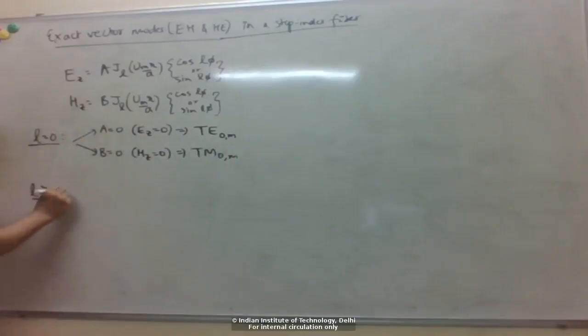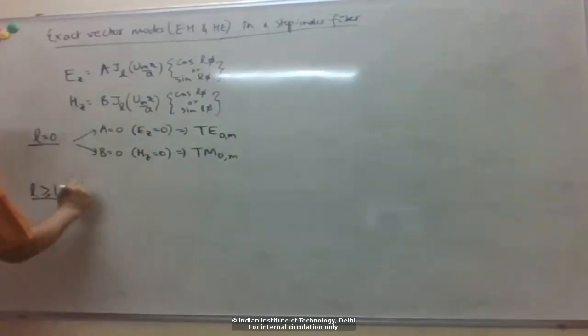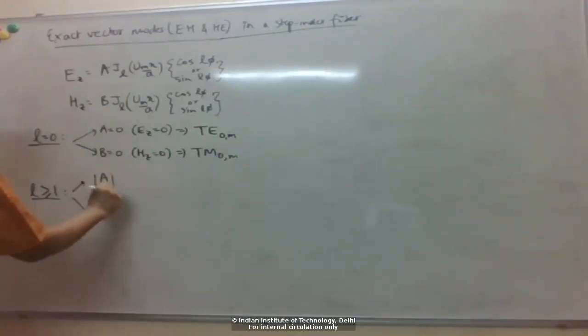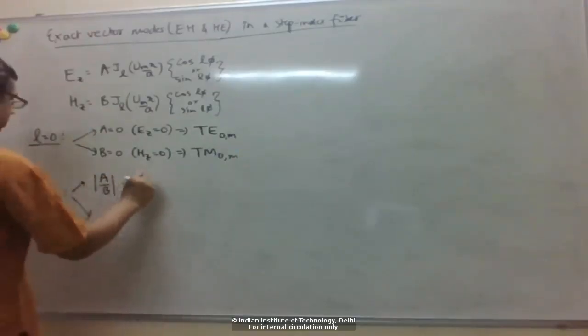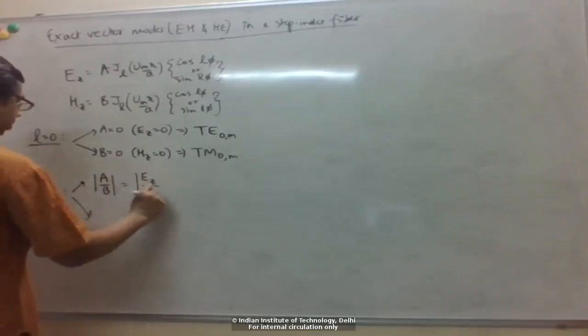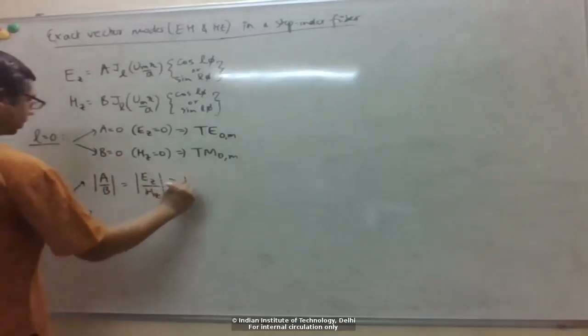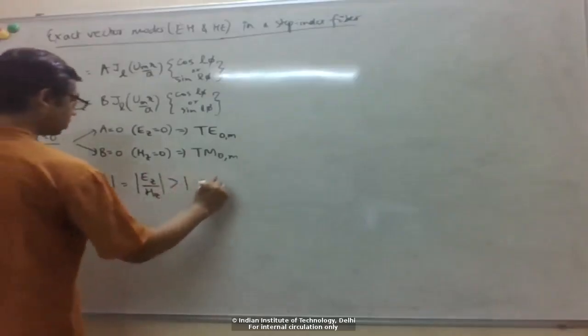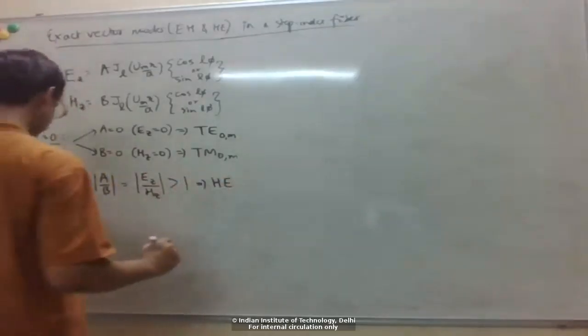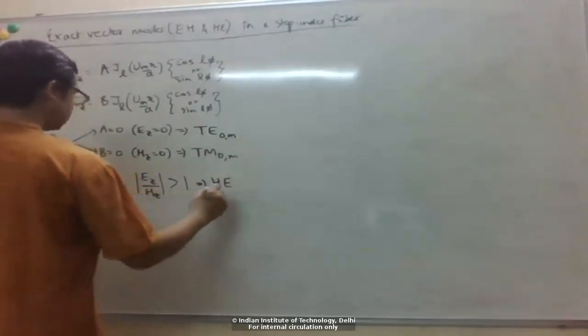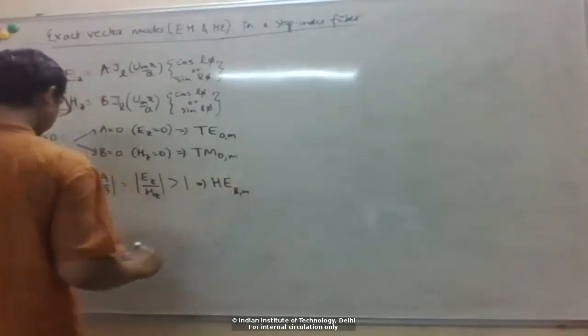But for any non-zero L, in general, both Ez and Hz are non-zero. But depending on the relative magnitudes, again, two cases. If the magnitude of A is bigger than B, which means the electric field longitudinal component is dominant over the magnetic field, we call it the HE mode. So this will be HELM.